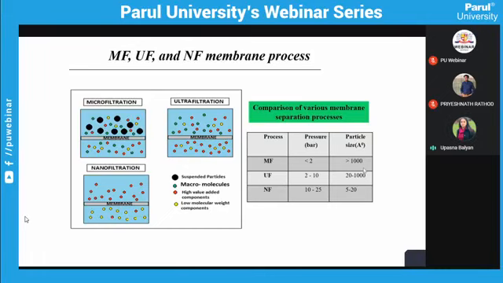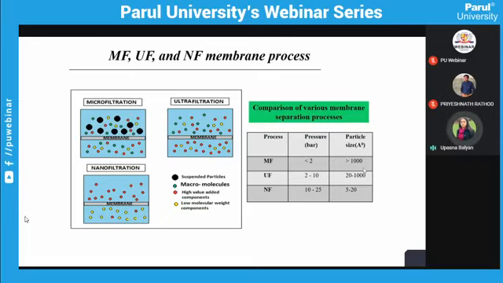On the other hand, ultrafiltration, which is another purification process, you can carry out by applying pressure not beyond 100 psi. That means 40 to 100 psi is the range for ultrafiltration. But when you're talking about nanofiltration, the cutoff range of the membrane varies, as does the pressure, which is very high.